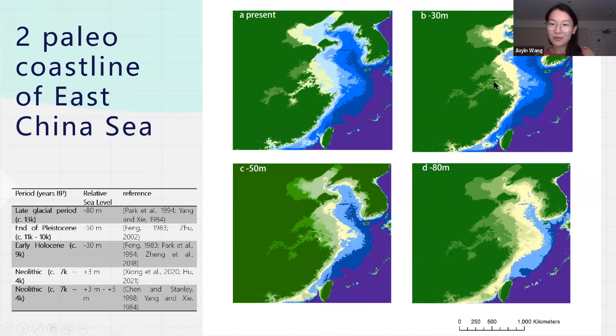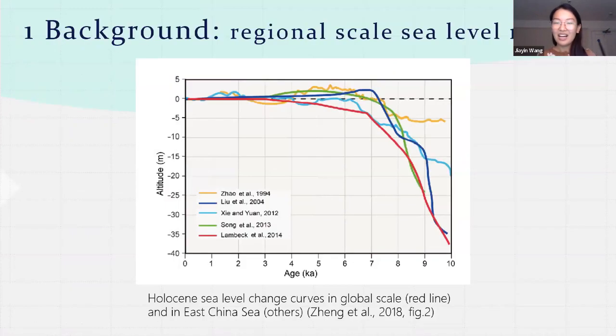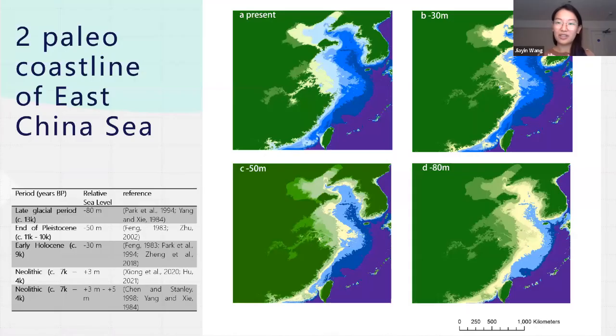For example, this is when sea level was 30 meters below present, and this is 50 meters, and this is 80 meters. Because we can see from the previous slide that there's not an accurate age and depth correspondent line, it's really hard to align these 4 maps to specific time periods.